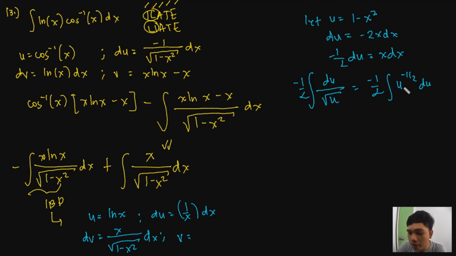Therefore, the antiderivative of this expression would simply be u raised to 1/2, that is square root of u, and then divided by 1/2, so that is plus or times 2.